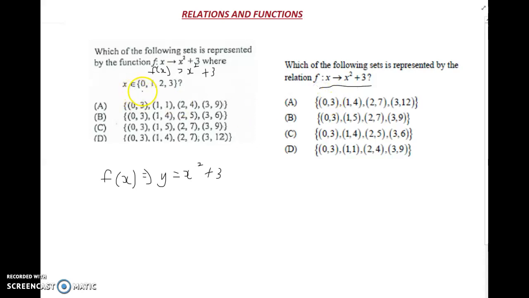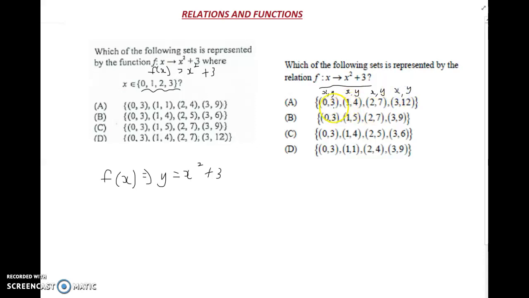Now, here they gave you the domain values, the x values, meaning we need to find the y values. And on the right hand side, they didn't state it like the left hand side. However, if you look at the answers, you'll see for each one, remember, it's always x first, comma y; x, comma y; x, comma y; x, comma y.